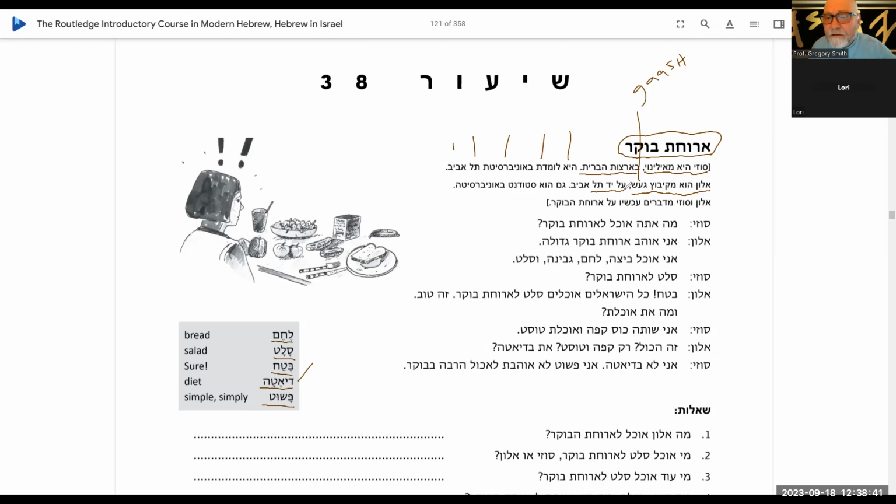Nearby Tel Aviv. Okay, also he is a student in the university. So Elon and Susie, all right, so Medaberim, they are speaking now all about Arochat HaBoker.